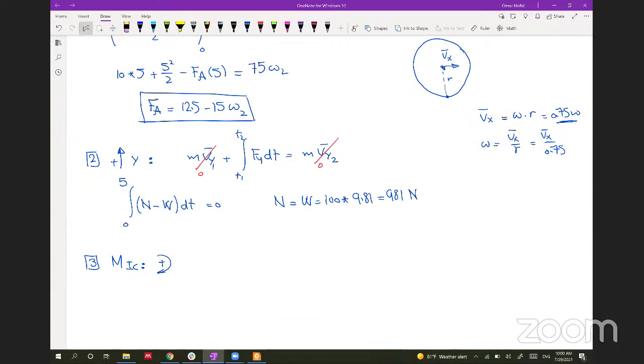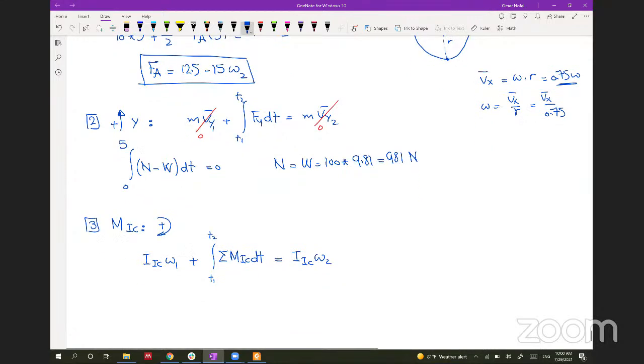This will give us the equation: I at the instantaneous center multiplied by omega 1, plus the integration from T1 to T2 of the sum of the moments about the instantaneous center with respect to t, will be equal to I at the instantaneous center multiplied by omega 2.